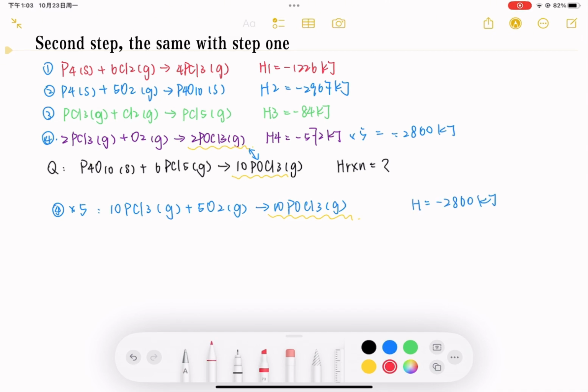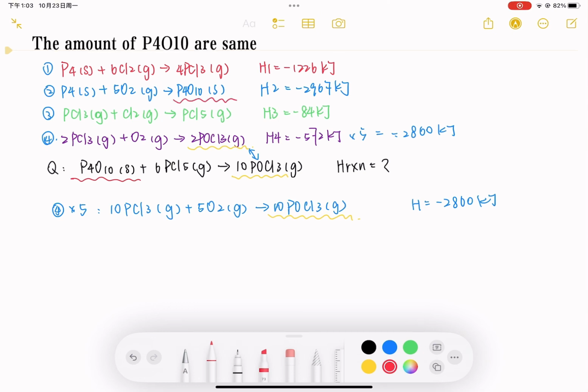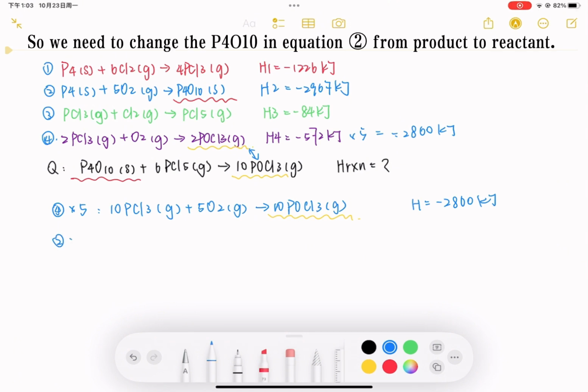Second step, the same as step 1. The reactant P4O10 in the final equation corresponds to the P4O10 in equation 2. The amounts of P4O10 are the same, but the P4O10 in equation 2 is a product, while in the final equation it is a reactant. So we need to change the P4O10 in equation 2 from product to reactant.